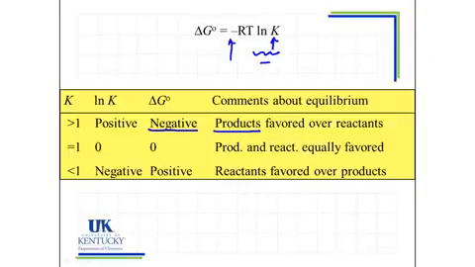And if this is negative and we change the sign, the standard delta G is going to be positive, and this reaction is going to proceed towards the reactants. If it proceeds towards the reactants, then eventually it'll get to equilibrium. Once it gets to equilibrium, your reactants are going to be favored over products.